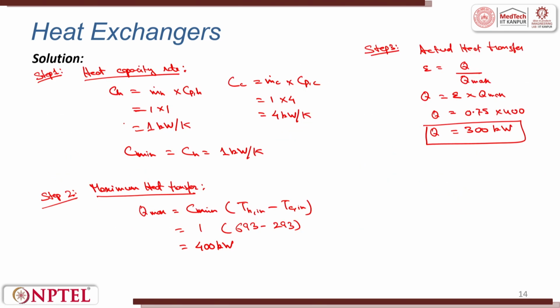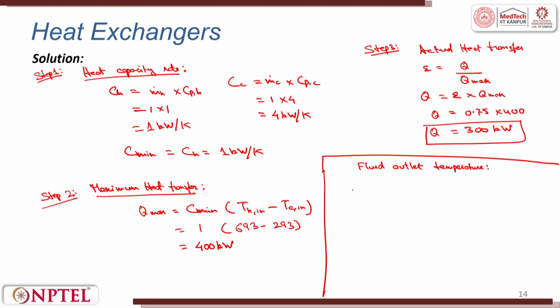One more thing you can calculate, I am just leaving it for you. You can also calculate the fluid outlet temperature. T_H outlet is equal to T_H inlet minus Q by C_H.